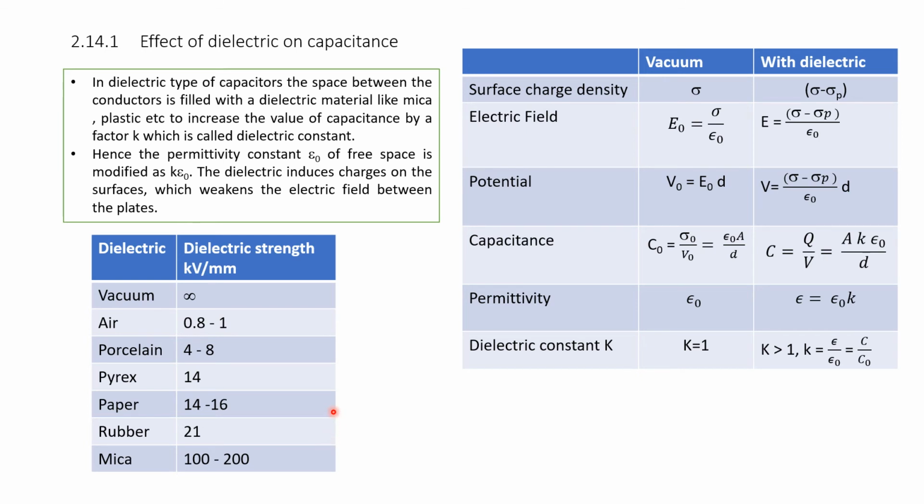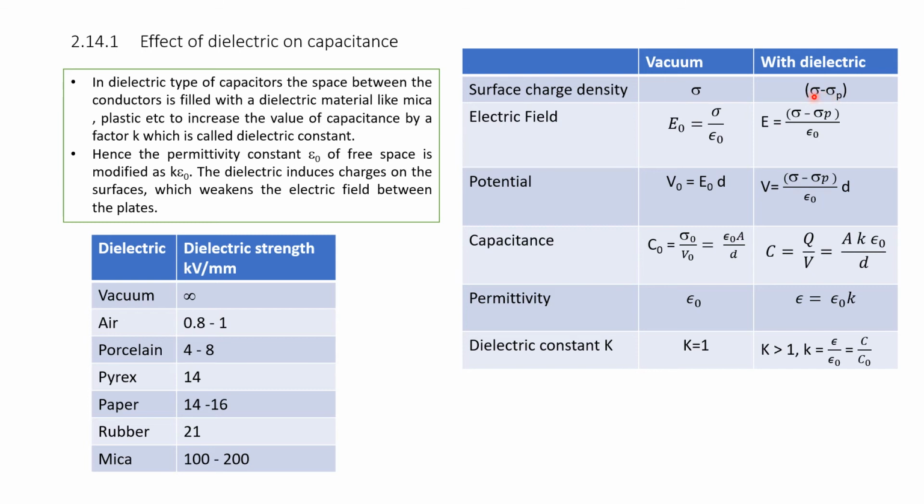Having studied the dielectric strength, let us see what happens to the electrical characteristics of the material. Without dielectric and with the dielectric, the surface charge density sigma remains the same in vacuum, and if we add dielectric, it gets reduced by sigma p.